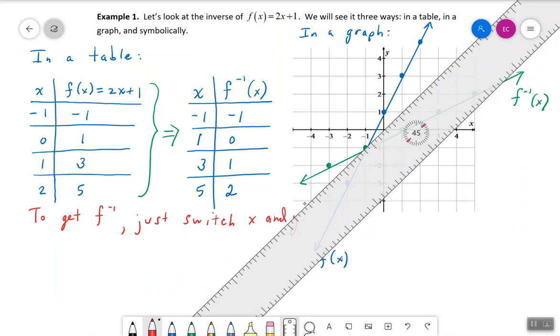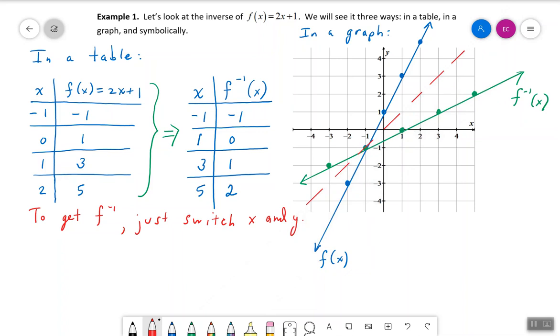If we come in and draw the line y equals x, then can you see that f inverse is a reflection of f over the line y equals x?